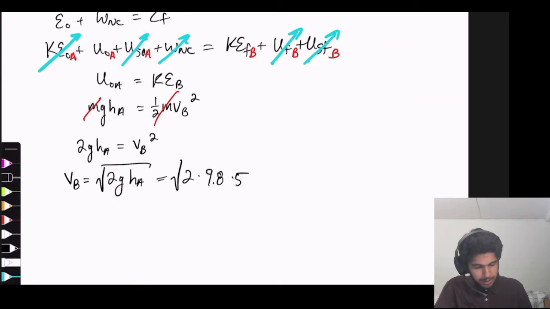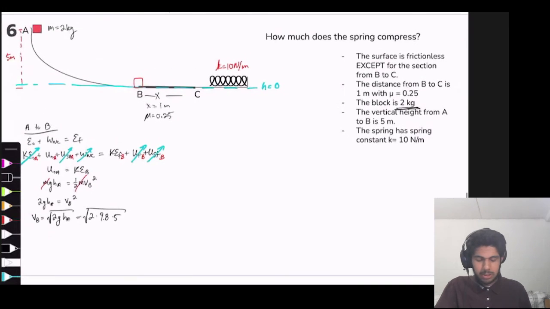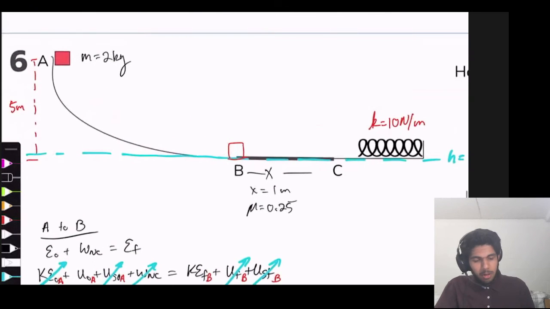9.8 times 5. Let me just pause a moment to go over why h is equal to 5. Remember that h is the vertical distance from where we are at, in this case at point A, to the h equals 0 line. The h equals 0 line is basically given to us by this flat surface.